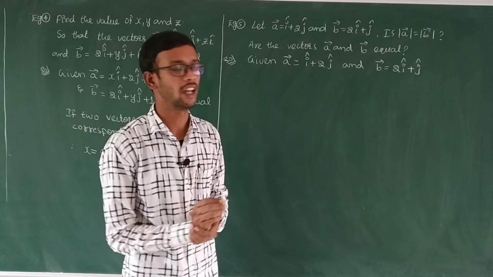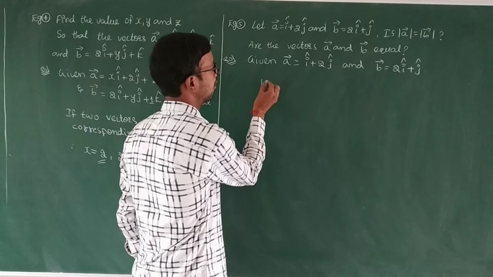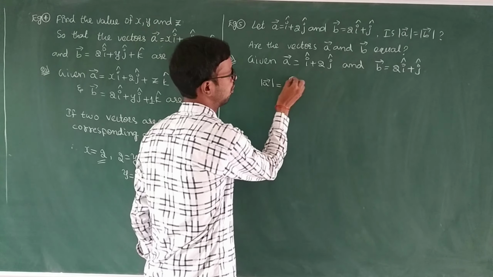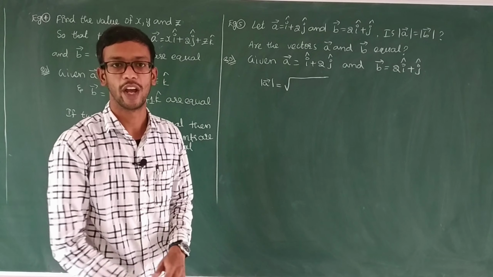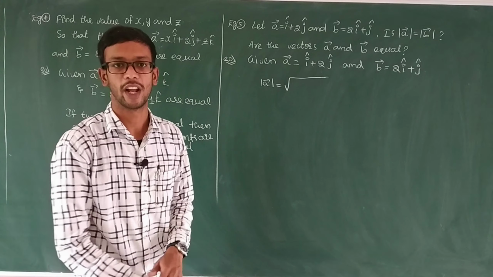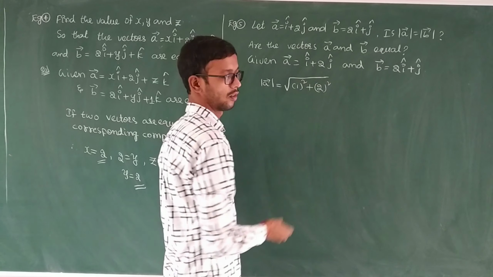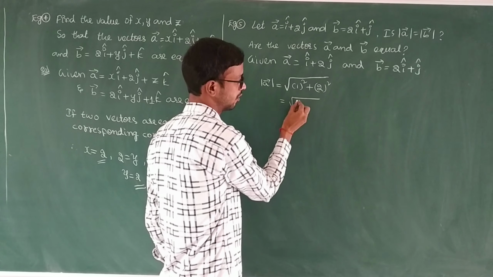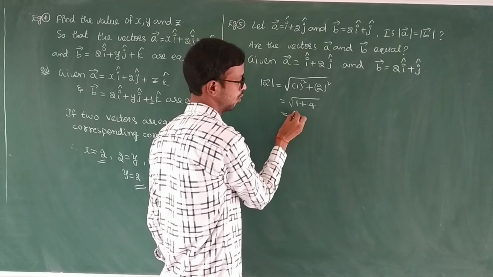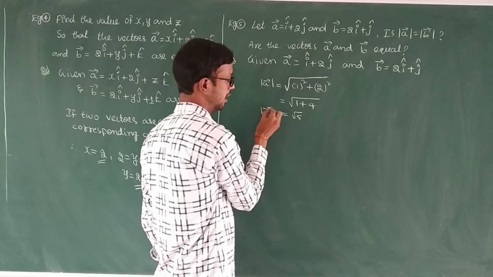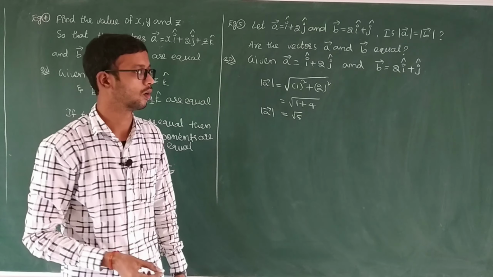So you have to check here the magnitude of a bar. The formula is the square root of the sum of the squares of the components. The i component is 1, so 1 square, plus the j component 2 square. How much do you get? 1 square is 1, 2 square is 4, root 5. Magnitude of a bar is root 5.